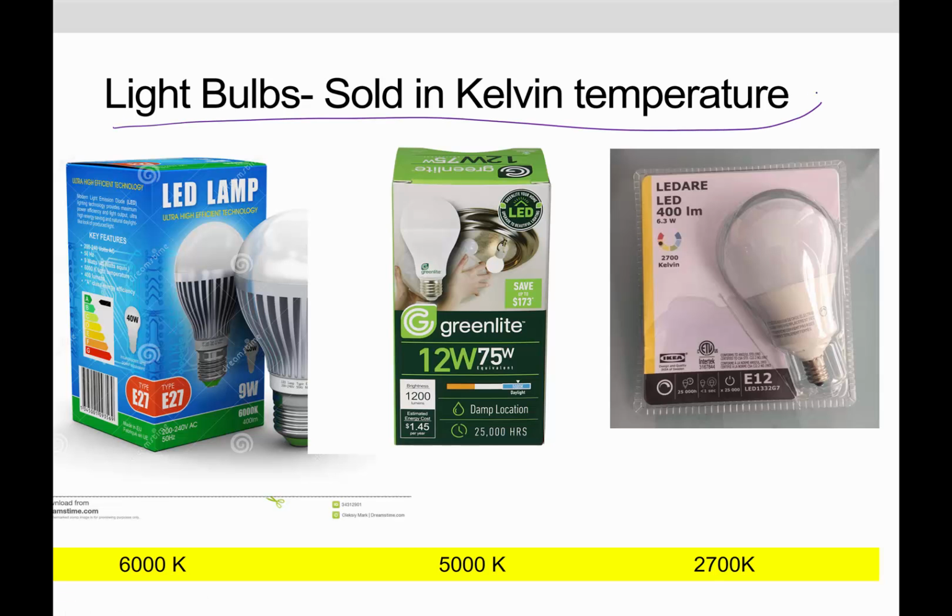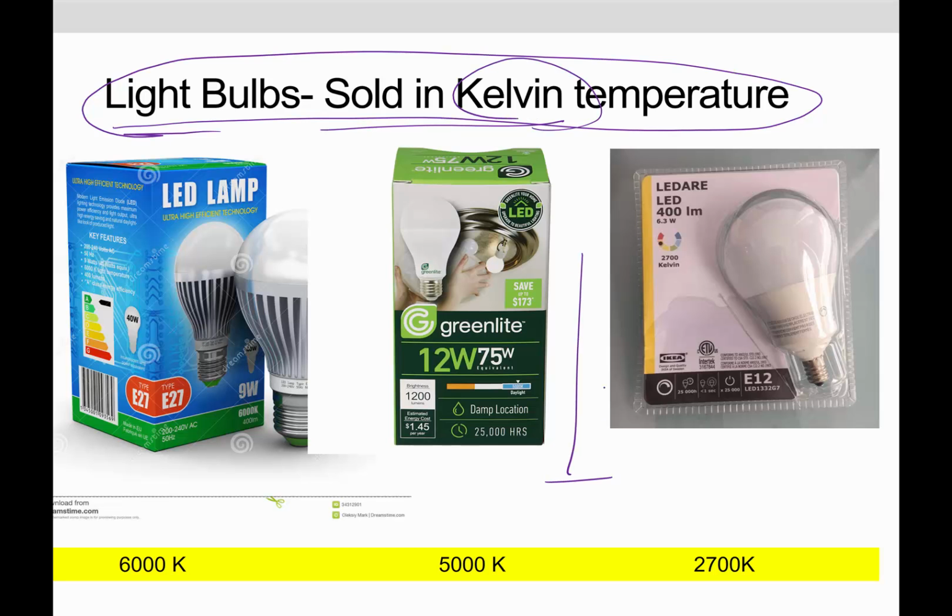If you buy light bulbs, one of the things I find fascinating and really confusing is light bulbs are sold in Kelvin temperature. Now, if you remember, Kelvin is the temperature scale and 0 Kelvin is absolute zero, where all motion stops. And it's very, very, very cold. So if you start talking about 2,700, 5,000, 6,000 degrees Kelvin, you're talking about temperatures about as hot as the surface of the sun.